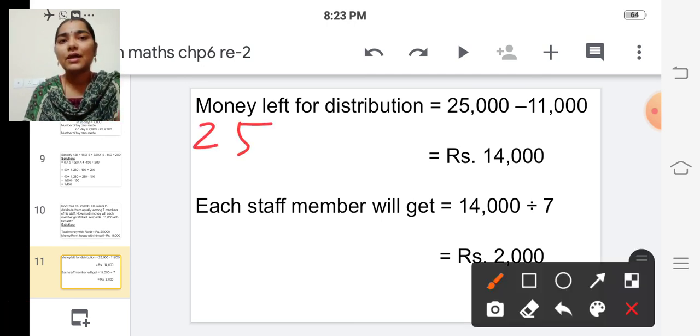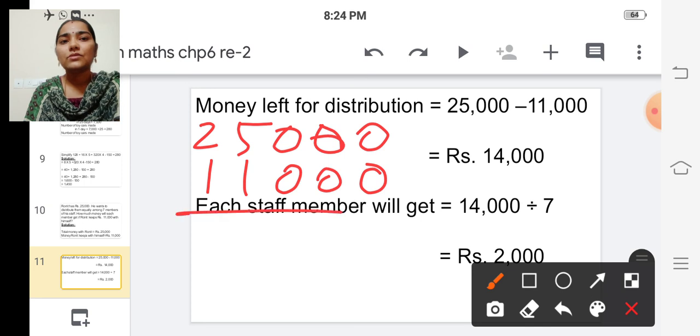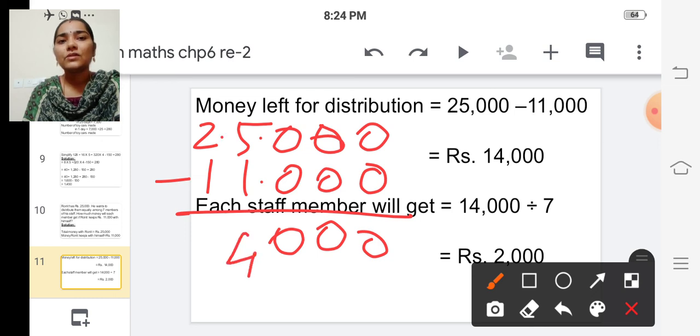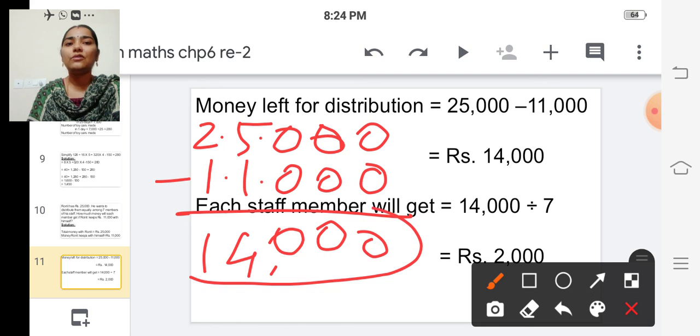Subtract 0, 0, 0. 5 minus 1 is 4. 2 minus 1 is 1. So he wants to distribute 14,000 among 7 members, isn't it?